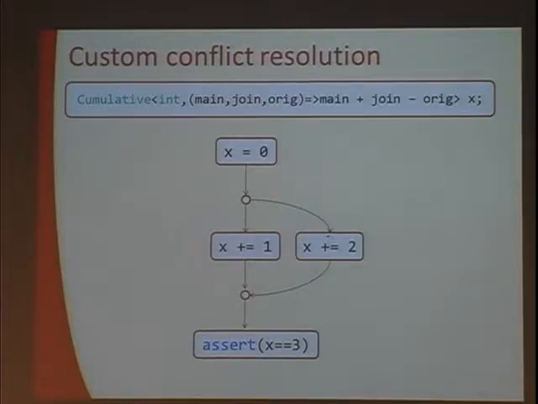Okay, let's talk about the full model. In the full model, actually, we have 3 versions to think about at a merge. So really, if you want to define your own merge function, you can do that. And when you do, just like in merging of versions in a source control system, you do a 3-way merge.